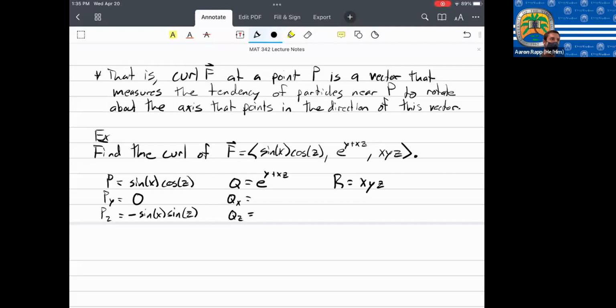It won't be x, it'll be z, but z e to the y plus xz. The derivative of any exponential function is just the derivative of the exponent times the same exponential function. Take the derivative of the exponent with respect to x, it's just going to be that constant coefficient of z. What about qz? So the partial of the q component with respect to z.